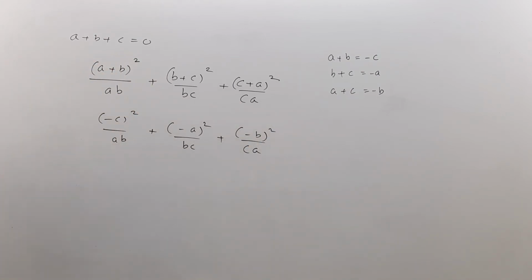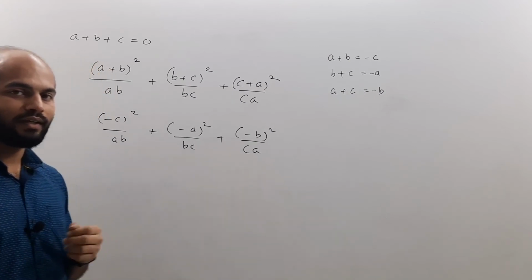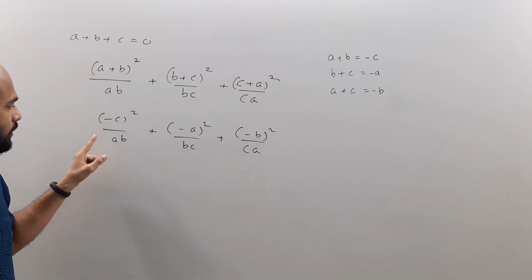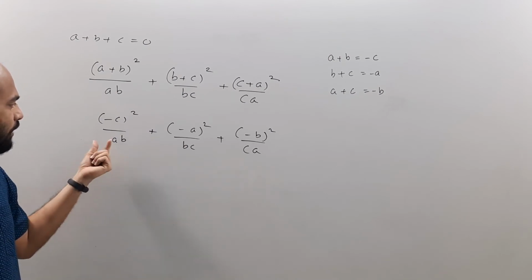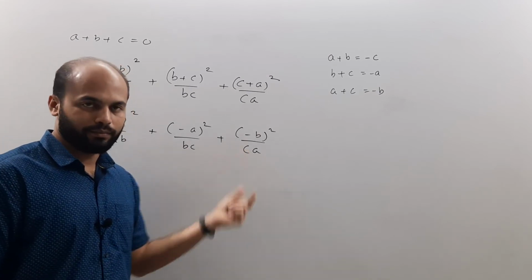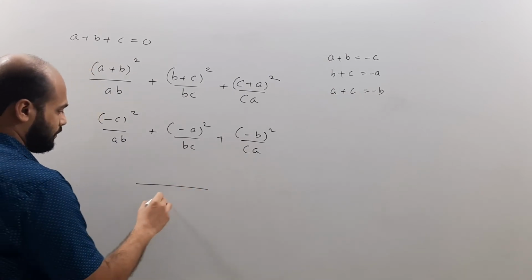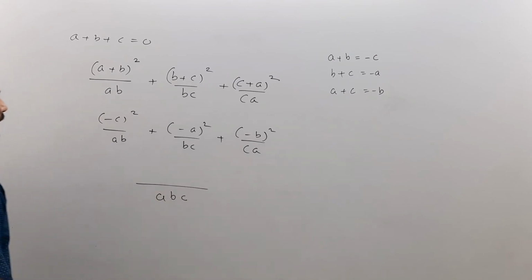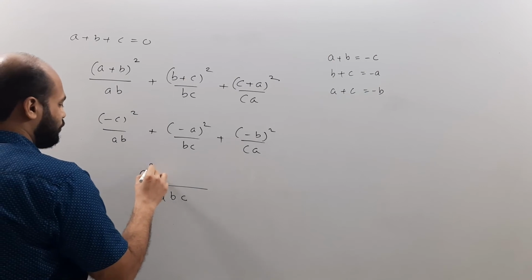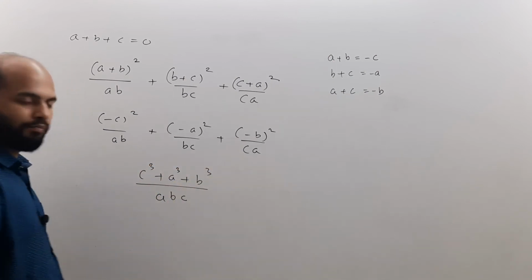So now when we simplify, you can see that the LCM of this is abc. So I'll multiply c over here, I'll multiply a over here, I'll multiply b over here. So I'll get one expression with abc at the bottom, and over here we'll get c cube plus a cube plus b cube.